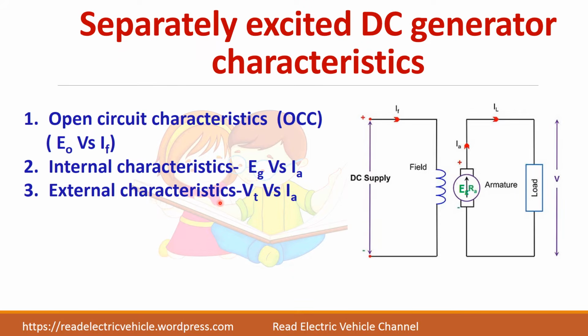External characteristics means you have the terminal voltage V. This V and load current, you are finding the characteristics. So one is with respect to this generated EMF versus load. The other one is terminal voltage and load.